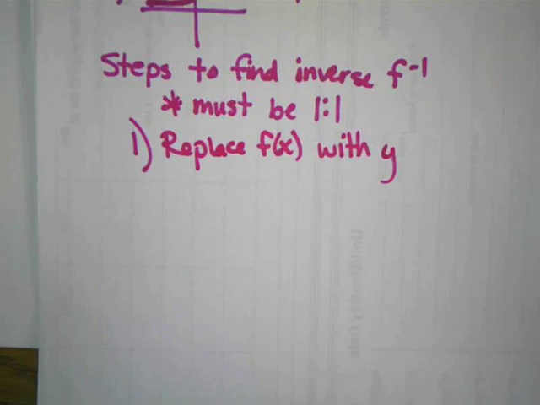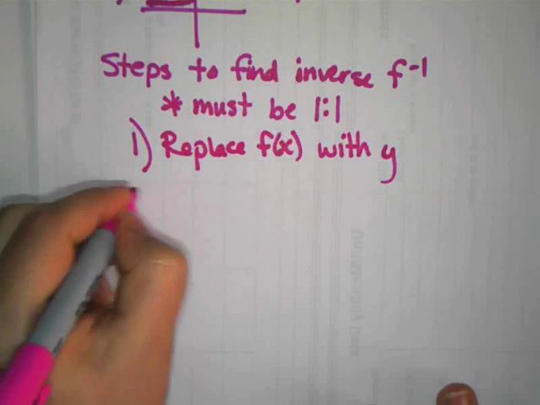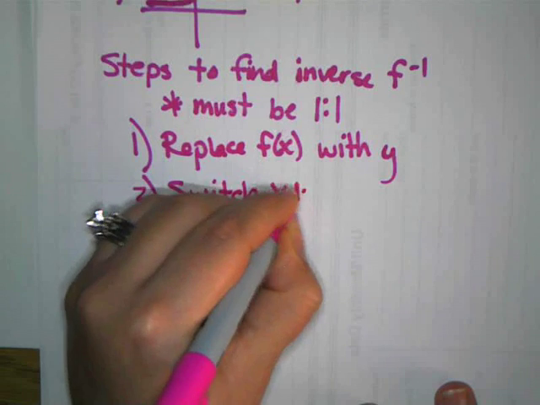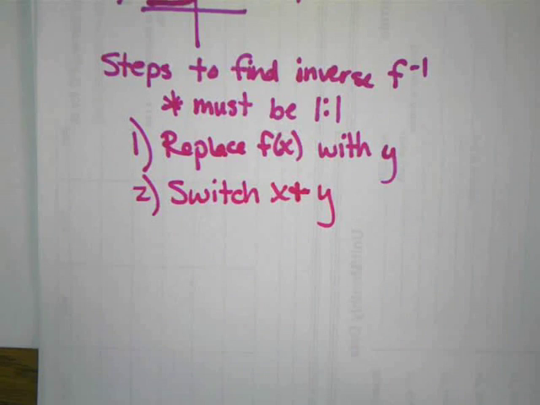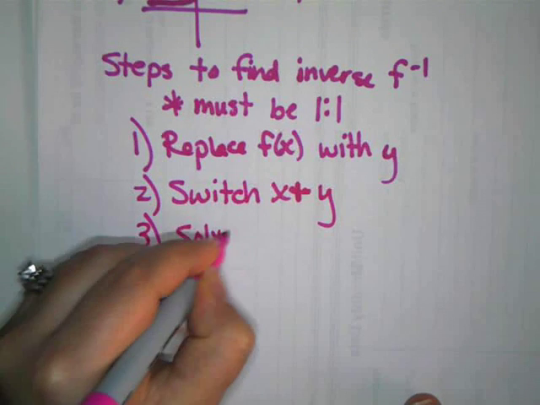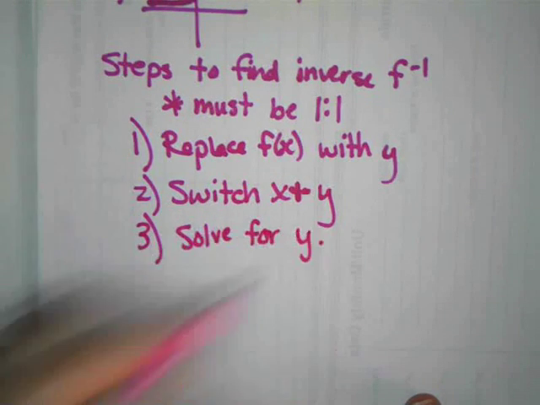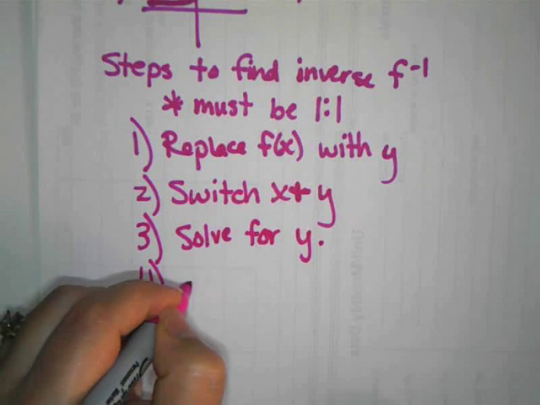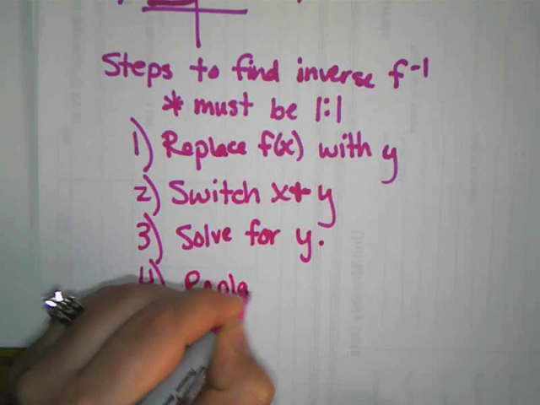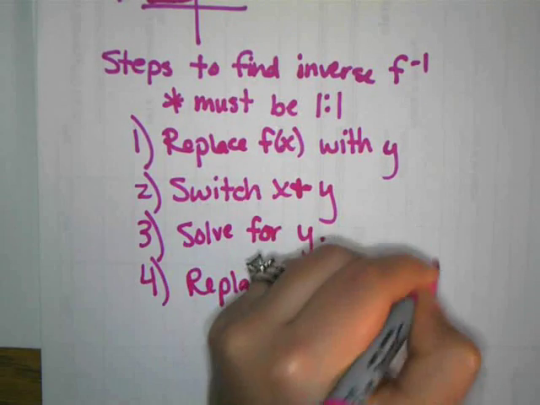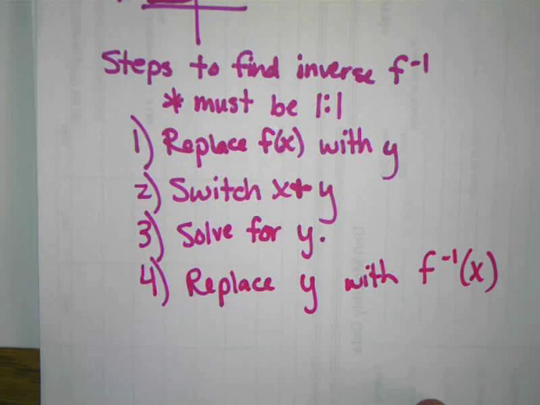You know that f of x equals y, so anywhere you see f of x, just change it to y. So you have an equation with x and y. Switch, this is the key, x and y. Swap places with them and solve for y. And then the y really was f of x, so now it's the inverse. So we replace y with f inverse of x.